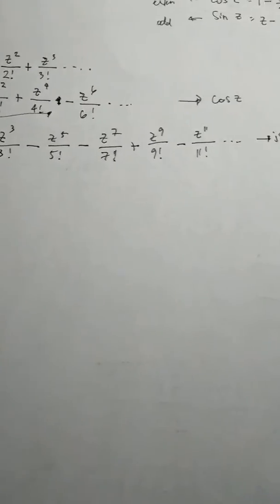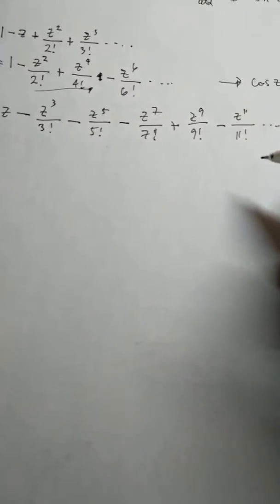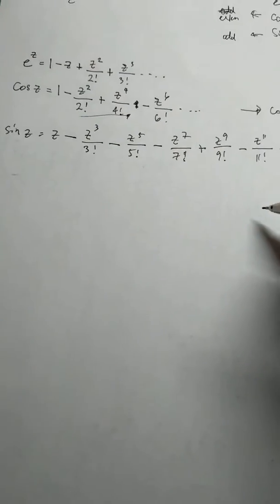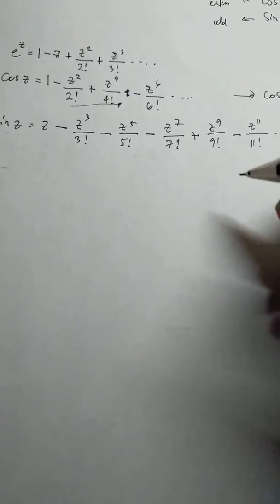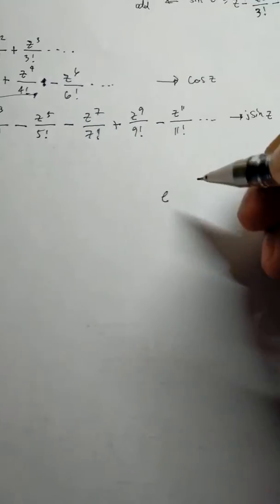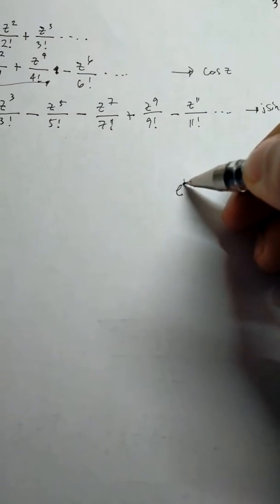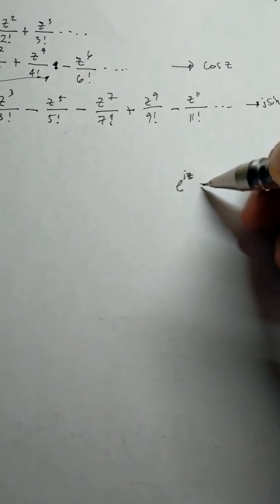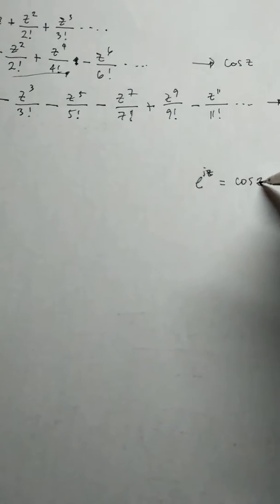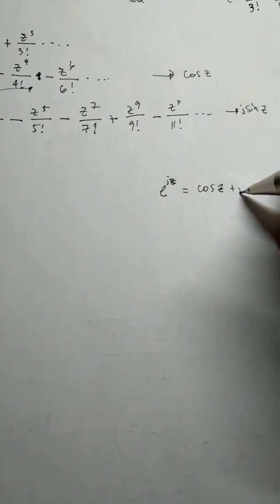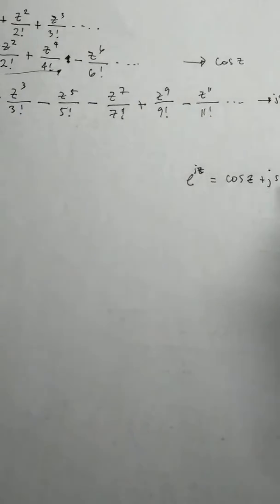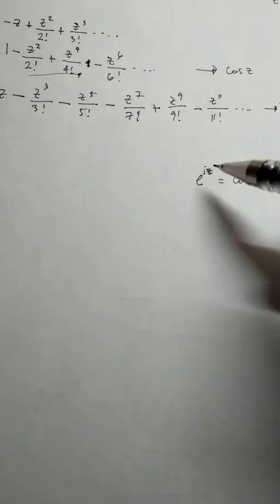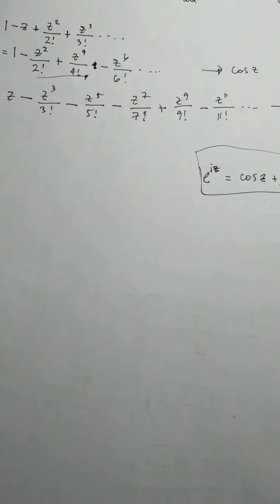So therefore ang aton nga equation would be, kung gi-combine natin na siya sang imaginary, so this will be e raised to iz equals cosine z plus I or j sine z. So mini siya aton nga formula na.